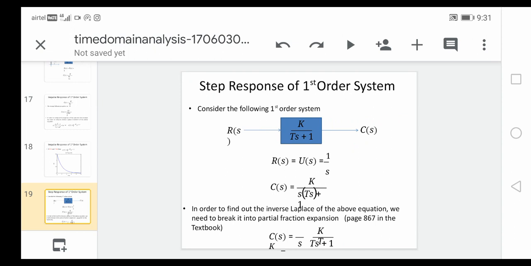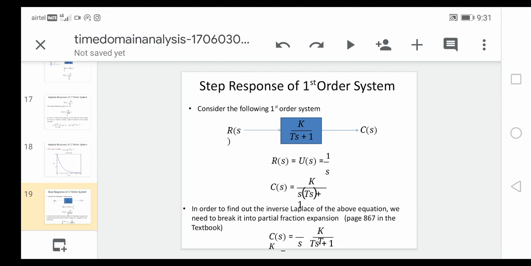Now the transfer function of a first order system, whenever you are giving a step signal, R of s is nothing but 1 by s. Similarly C of s is equal to k divided by Ts plus 1 into R of s.